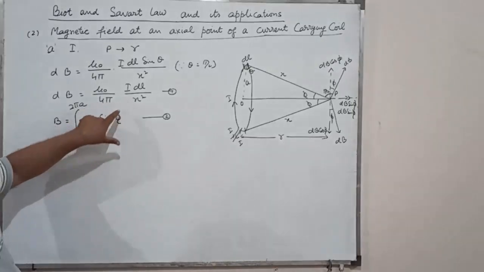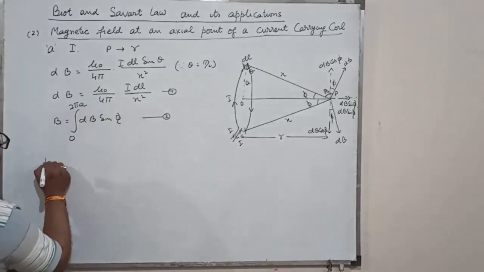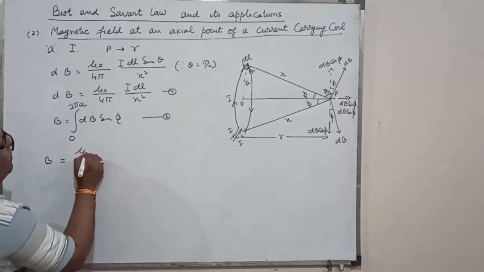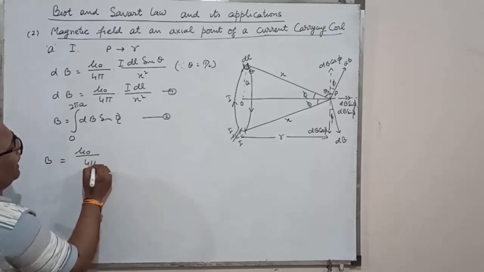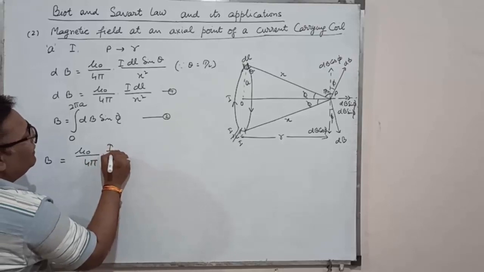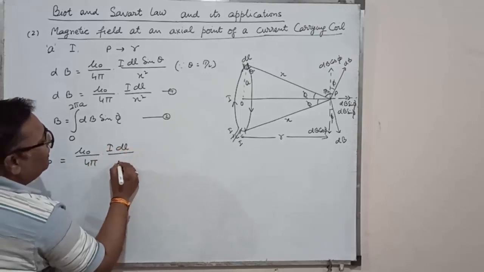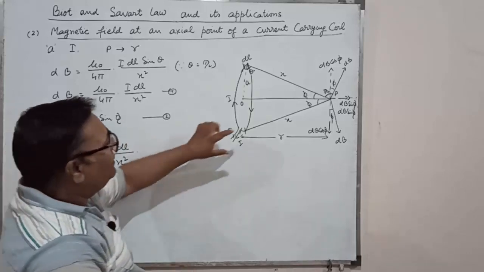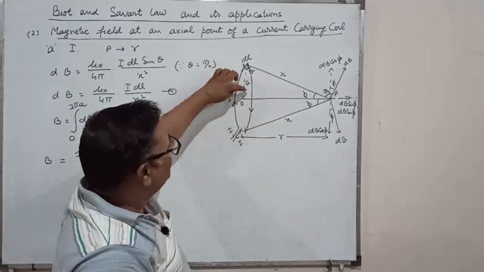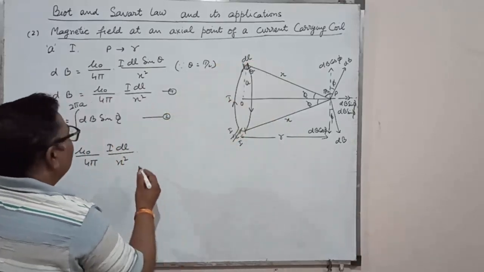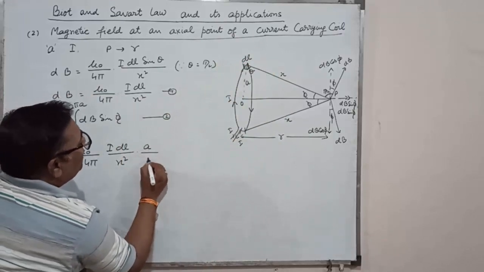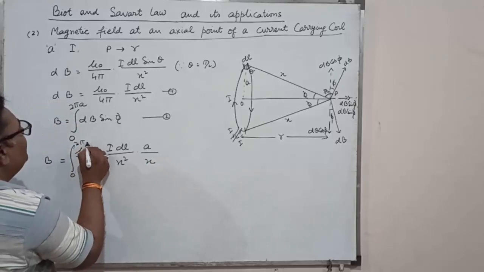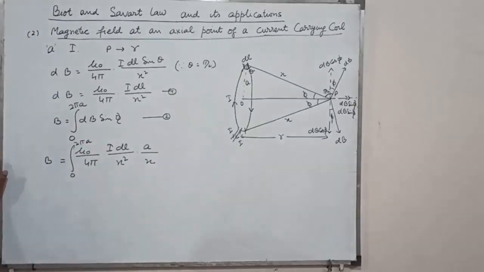From equation 1 and 2, B is equal to mu 0 upon 4 pi I dl upon x square and sin phi. Sin phi is equal to a upon x. A upon x and integration 0 से 2 pi a तक.